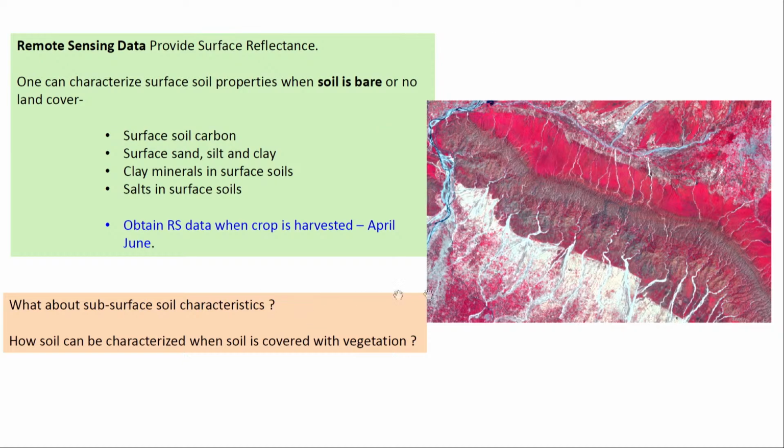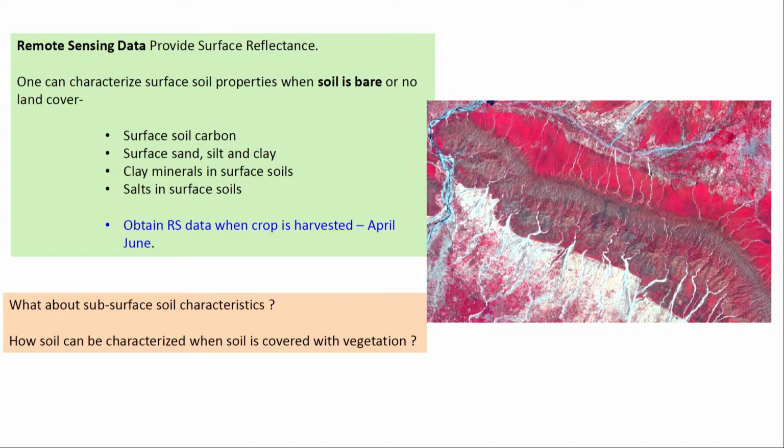And many times, what will happen when the soil is covered with vegetation? In the satellite data you are seeing the red tone. This dark red represents the area having thick forest vegetation. So you are getting the reflectance of vegetation, not the reflectance of soil. In this case, how will you get the information of soil, what kind of soil is there?